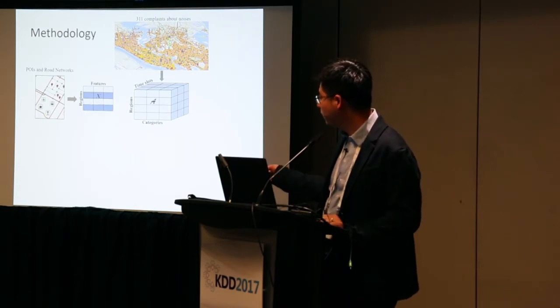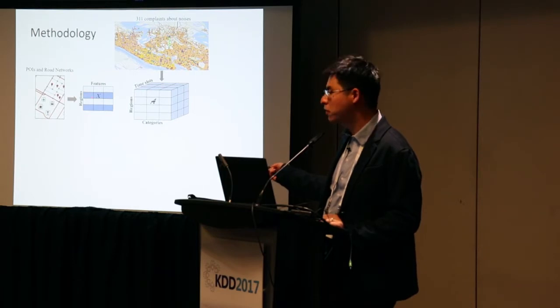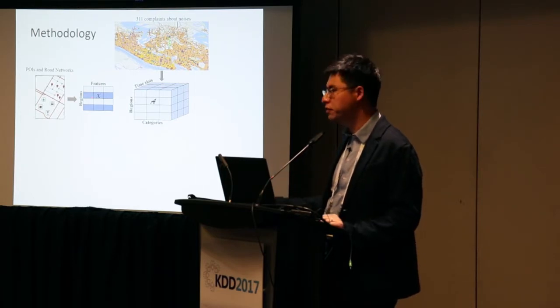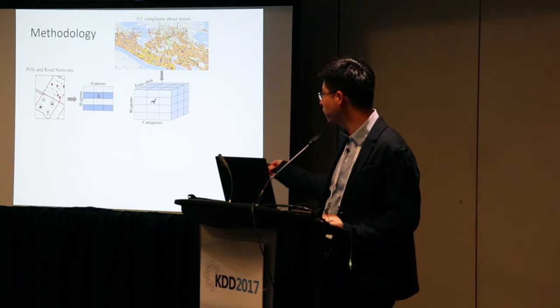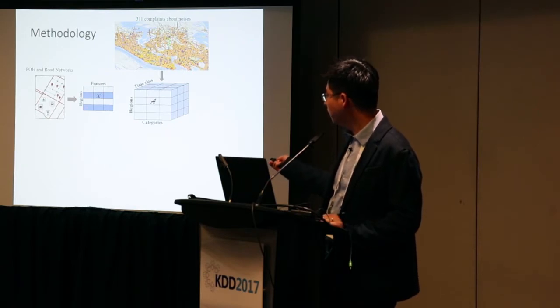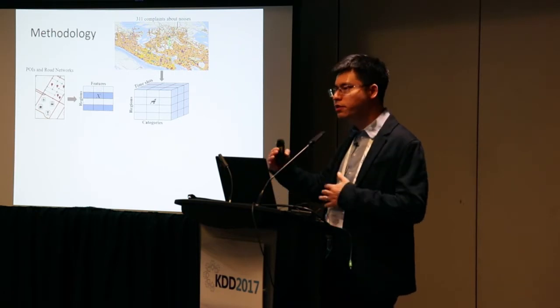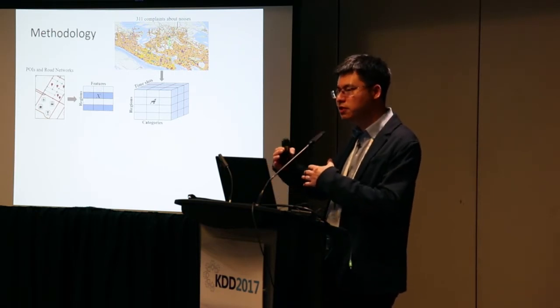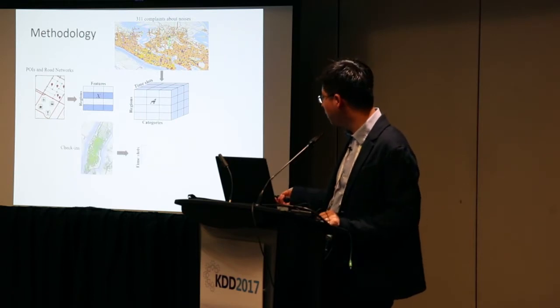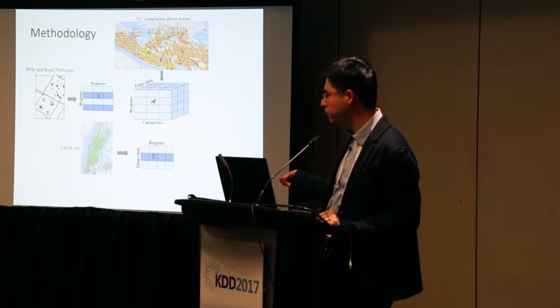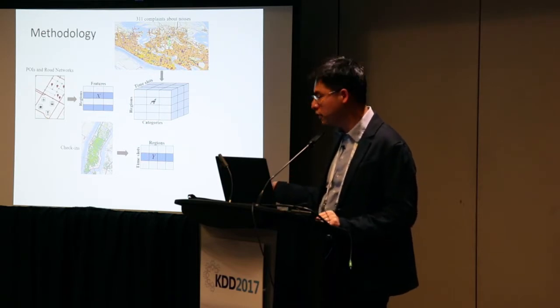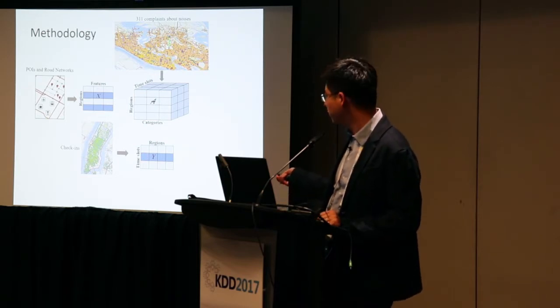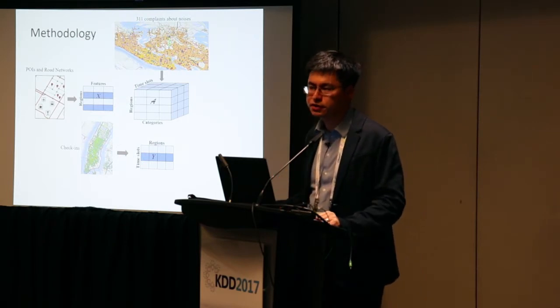For example, we can put the geographic data and POI network data into a matrix, where each row means a region and each column means a feature, like the number of restaurants in the location, the number of intersections, the length of highway in the location. The meaning is that two locations with similar geographic conditions could have similar noise situations. And we also put check-in data into another matrix, where each row stands for a time slot and each column stands for a region, and the entry means the number of check-ins in each region.